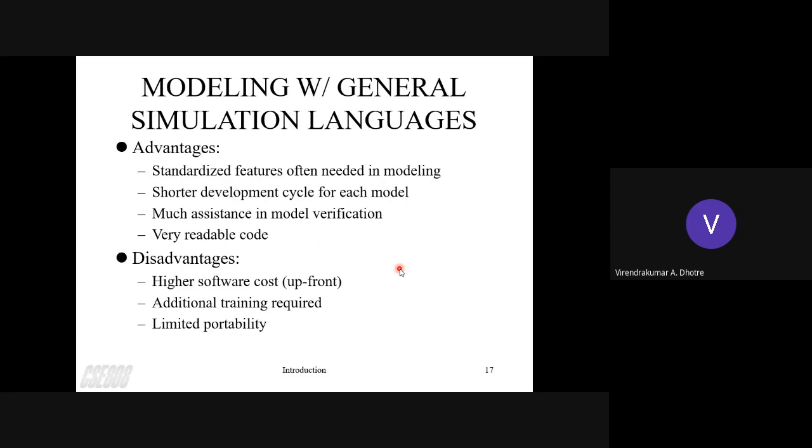Advantages are standardized features often required in the modeling, and you can choose it. You can include them. So they can have a shorter life cycle because each model can be standardized and these languages are available easily. We can use code which is readable and reusable.